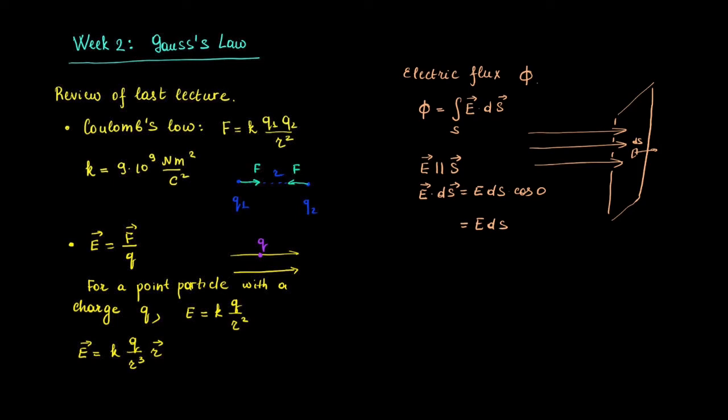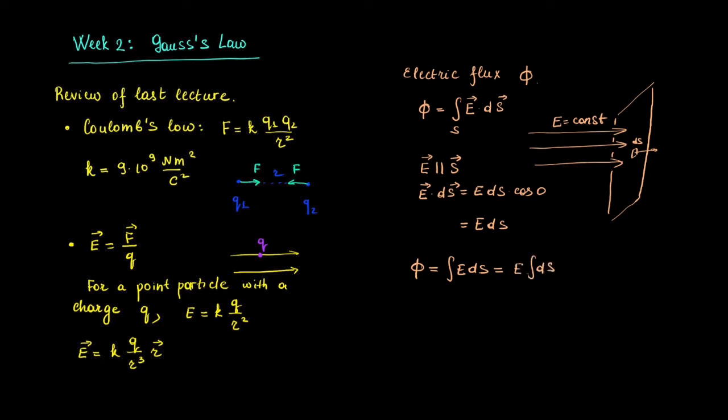So consider a uniform field where E is constant, then the flux is equal to the integral of E dS, and since the field is uniform, we can take E out of the integration.